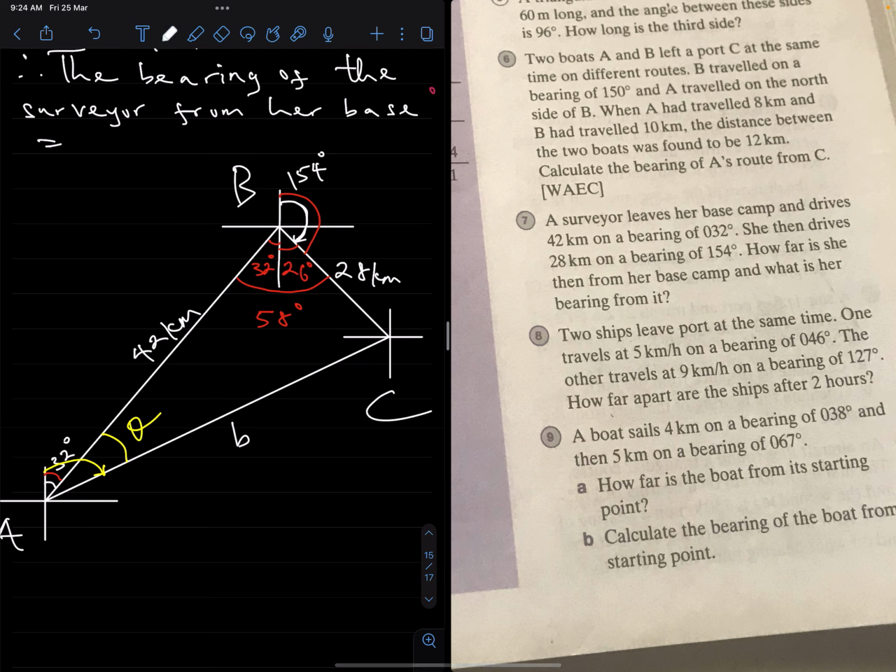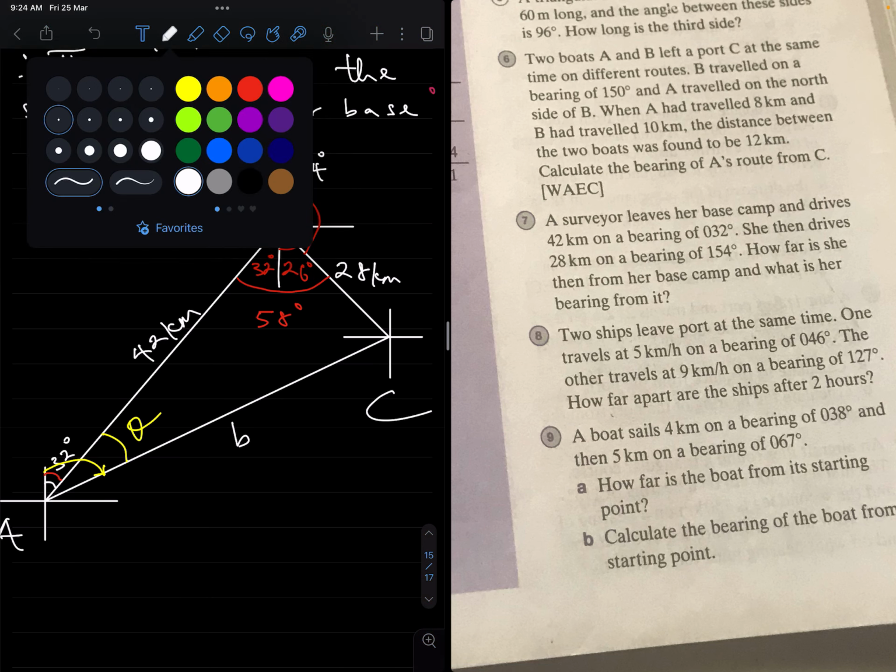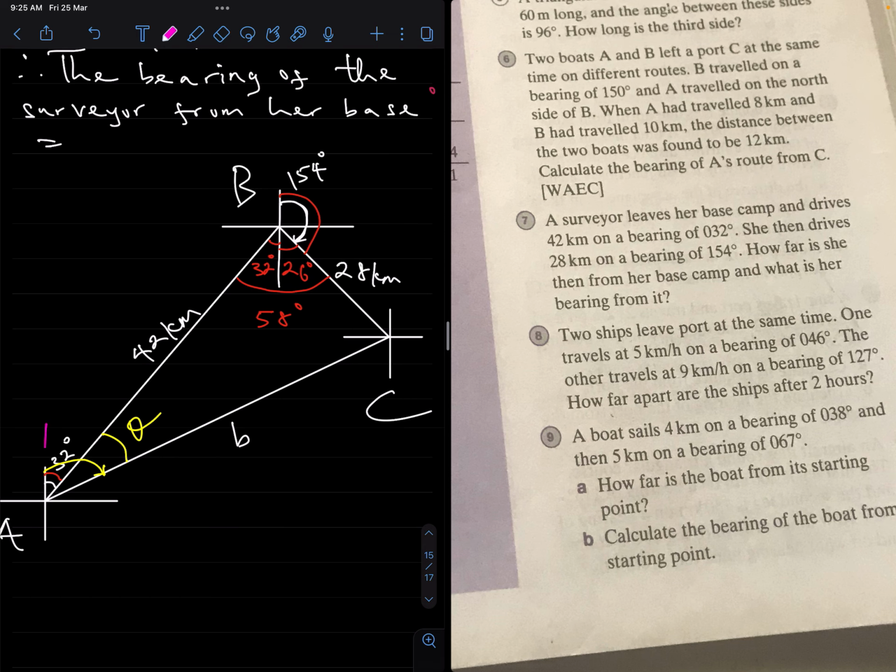Our bearing from our base camp will be the whole of this. If I make this longer, the whole of this. And it is 32 plus theta. So that's our bearing from our base camp.